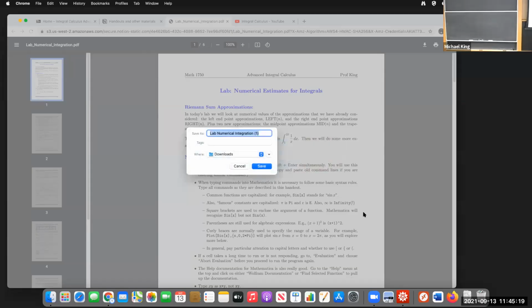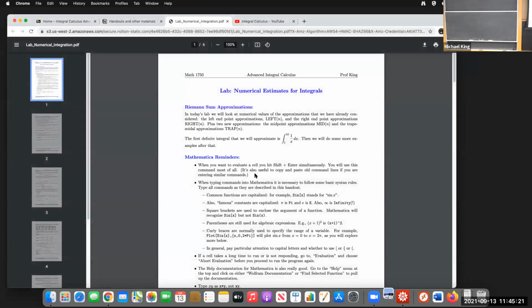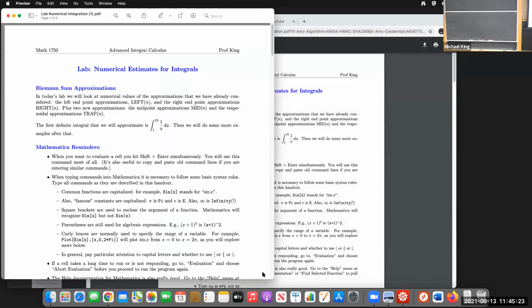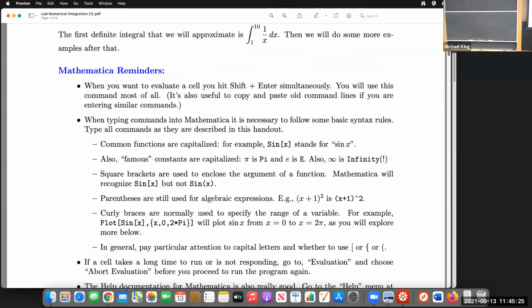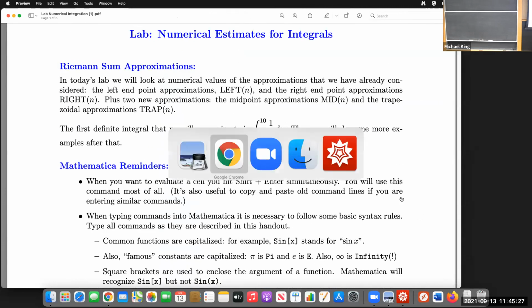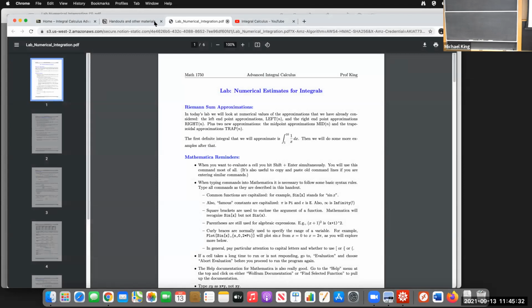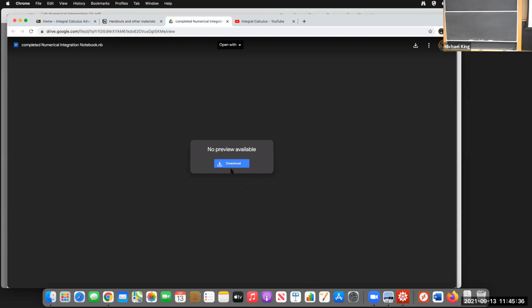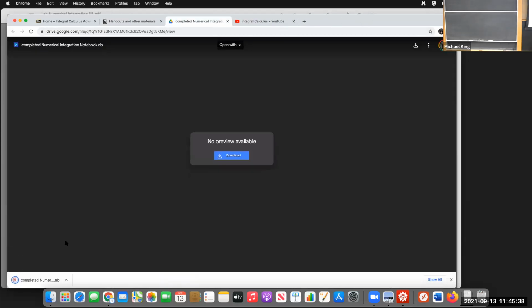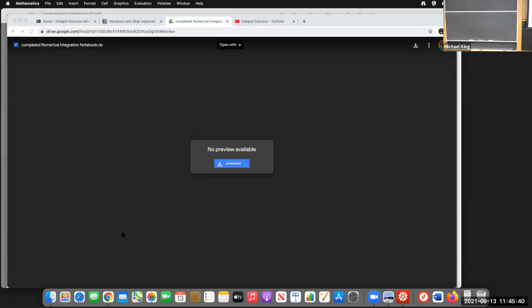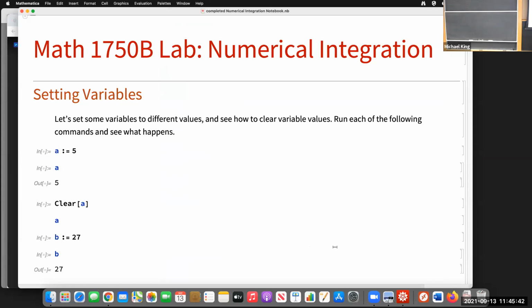Okay, so here's the lab we were looking at. And I also put up a filled out Mathematica notebook. I just posted this, because this is what I can walk us through basically.